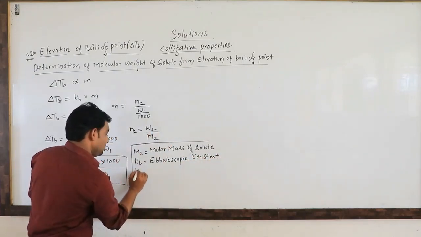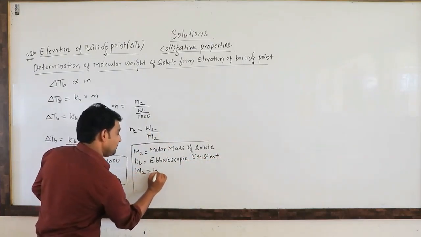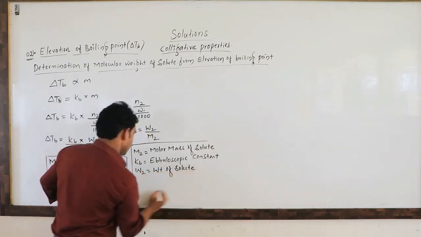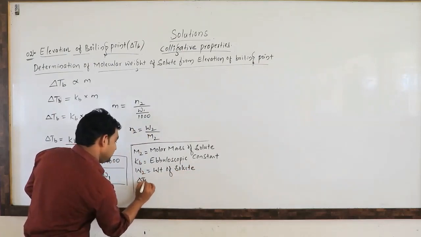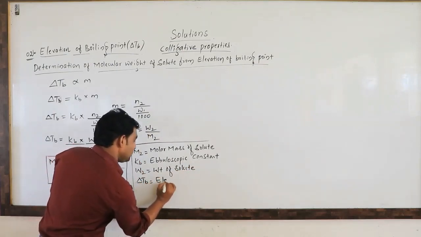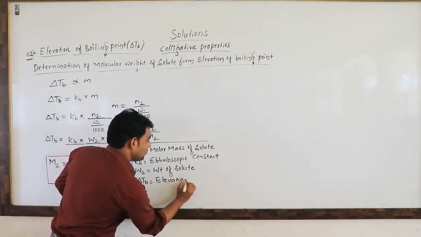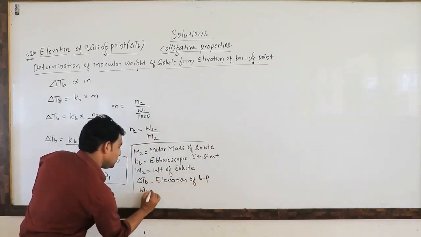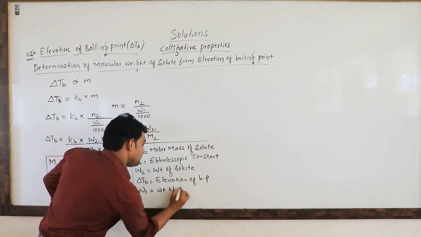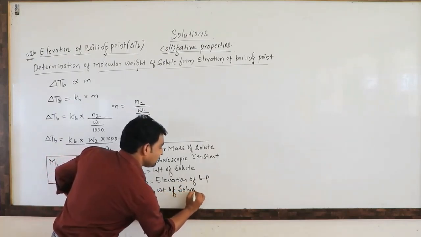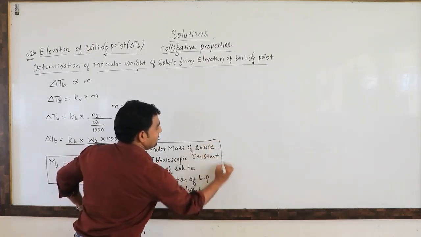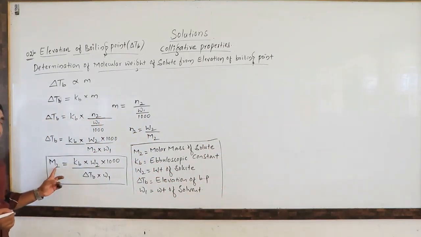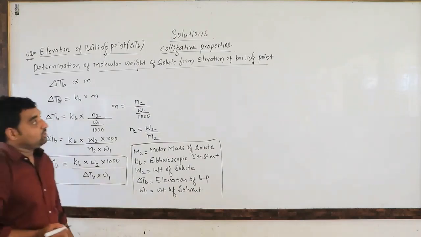Next, W2 is the weight of solute, and delta Tb is the elevation of boiling point, and W1 is the weight of solvent. So remember this formula. This is used in the numericals to calculate the molar mass or molecular mass of a solute.